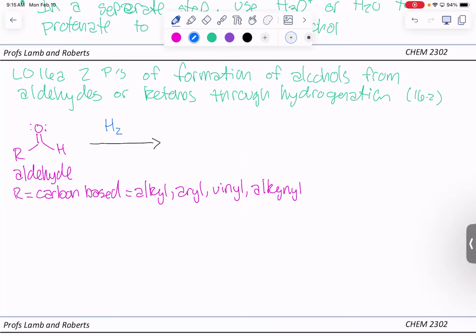All right, so our learning objective says this is through hydrogenation, and when we hydrogenate things, we often use hydrogen gas, so H2. In this case, just like in our electrophilic aromatic substitution reactions, we actually need a catalyst here. So we're going to look at the d block of our transition metals, and we're going to mostly focus on group 10 metals. So that's element number 28, nickel, 46, palladium, 78, platinum. Group 10 metals are also an area of expertise in my group.